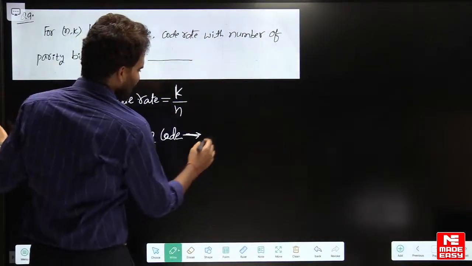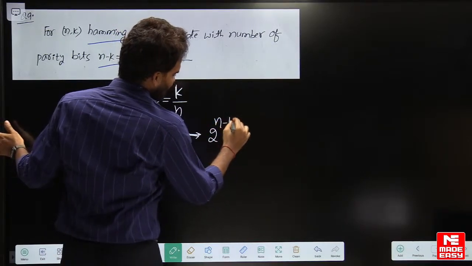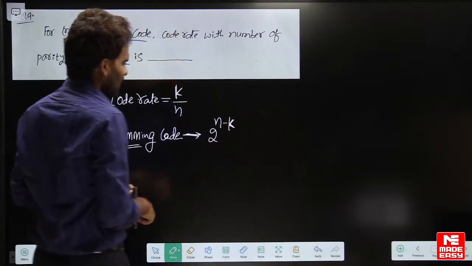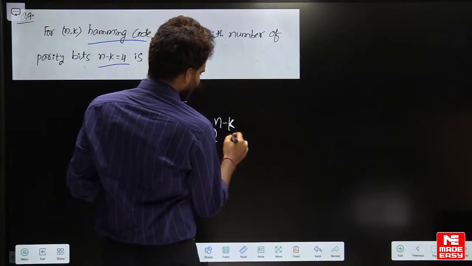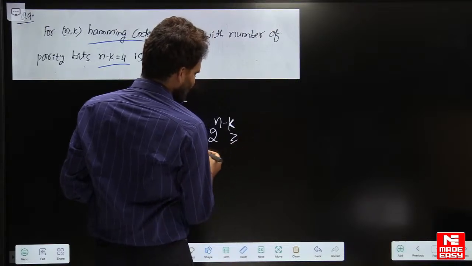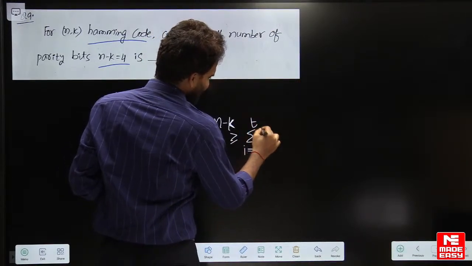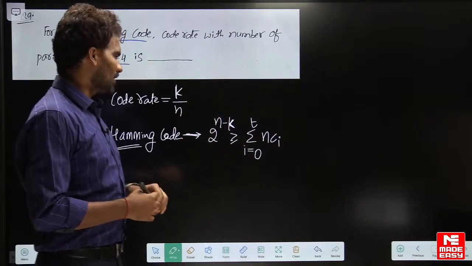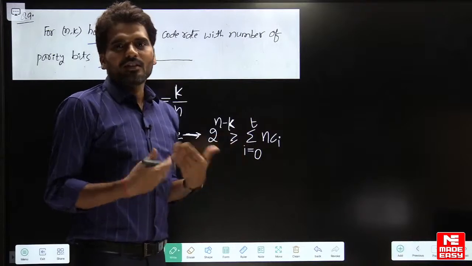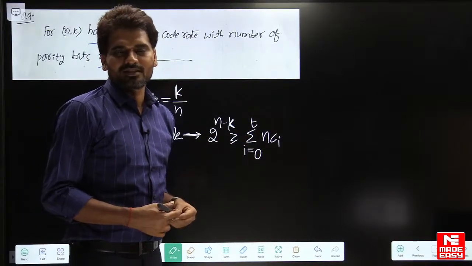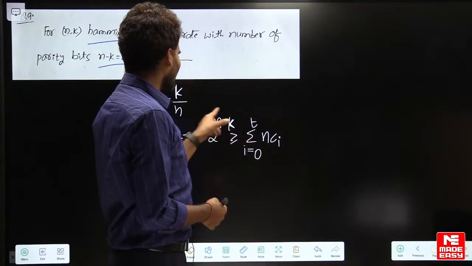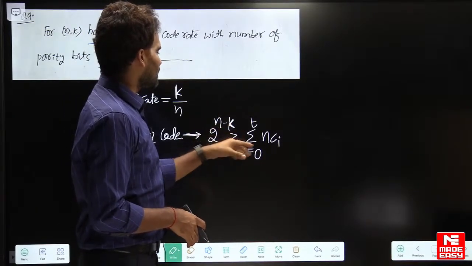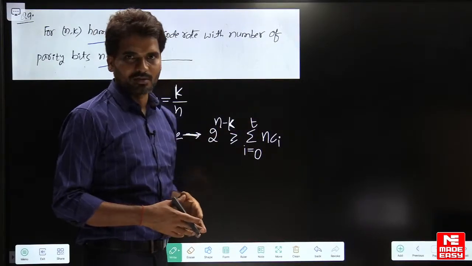For a Hamming code, the Hamming bound is 2 power n minus k greater than or equal to summation i equals 0 to t of nCi. Here t is the number of errors it can correct. n minus k is the number of parity bits, so according to the Hamming bound you have to select parity bits such that this condition is satisfied. Then only your LBC can comfortably correct up to t errors.